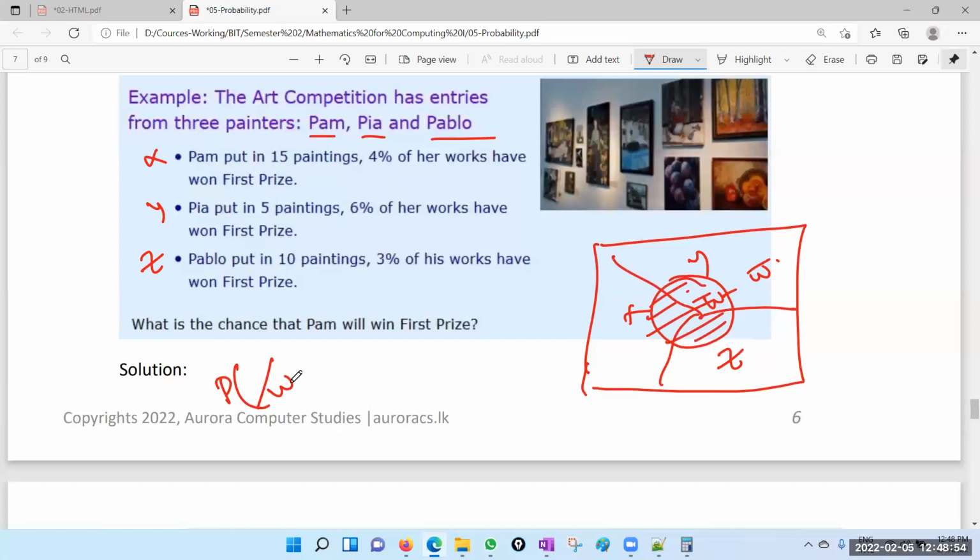If a winner is someone who has won, what is the probability that the winner is, say, X? Pam here is X.